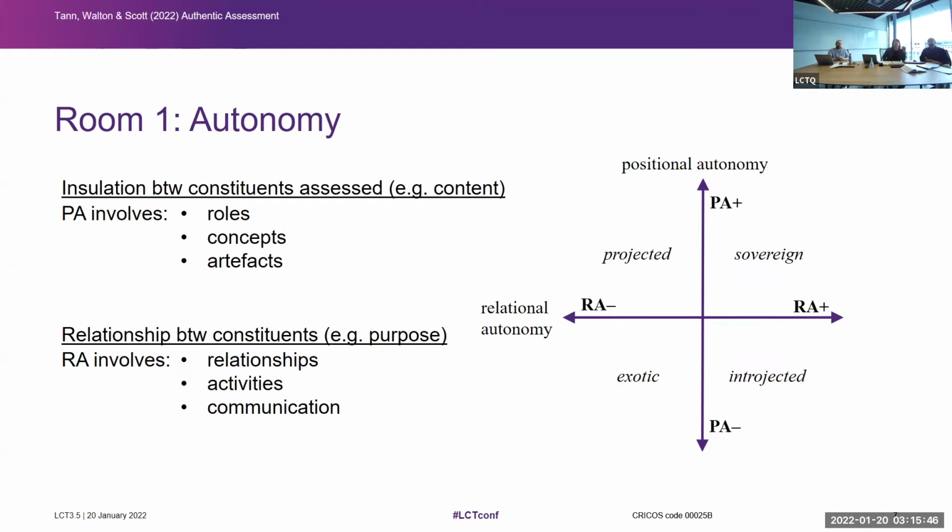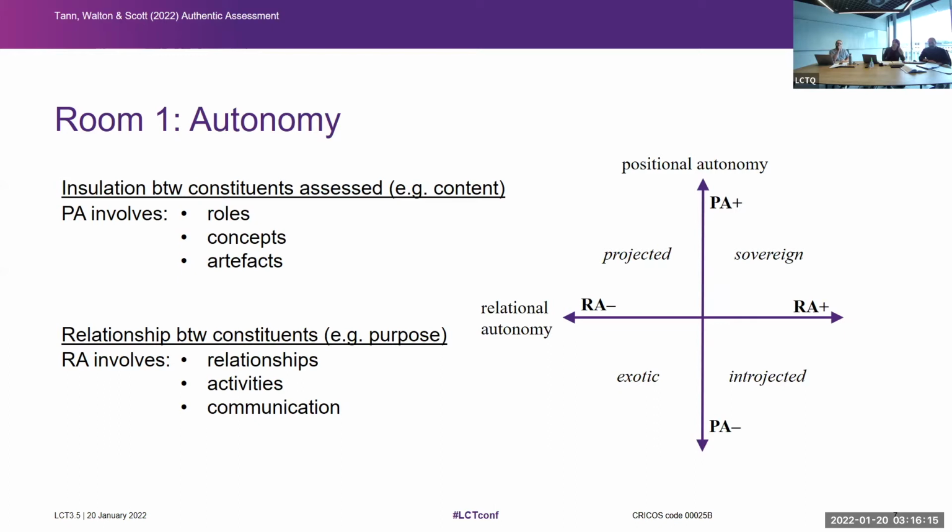So if we look at autonomy in terms of its two components, we have the insulation between constituents. This is drawing on Carl's definition, right? First we are thinking about the assessment in terms of its constituents and the degree of insulation.